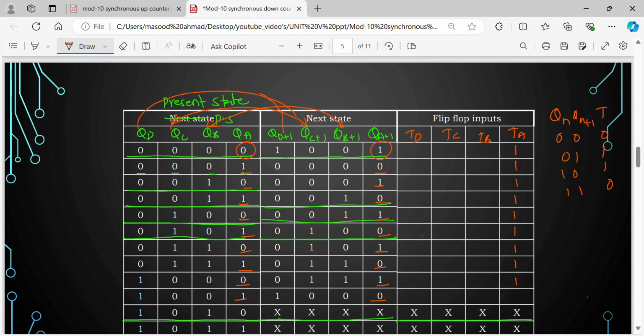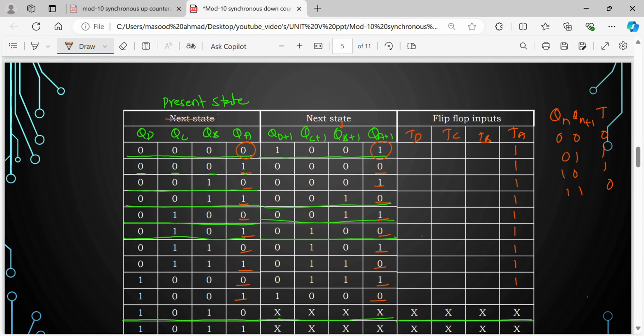Once you make the comparisons, then we are going to get expressions for TA, TB, TC, TD in terms of QA, QB, QC, QD.